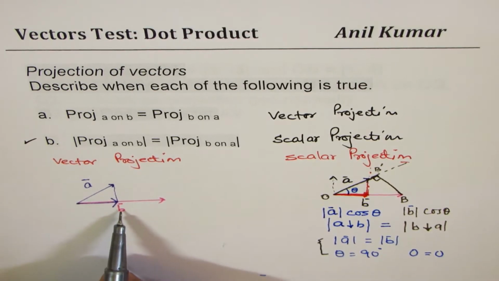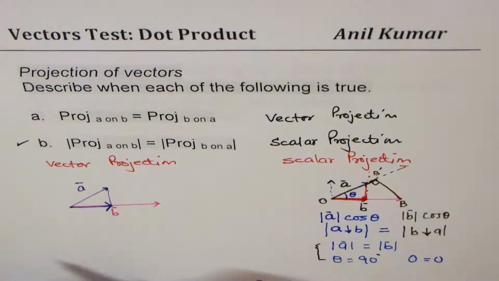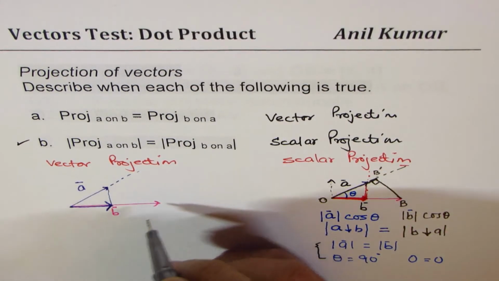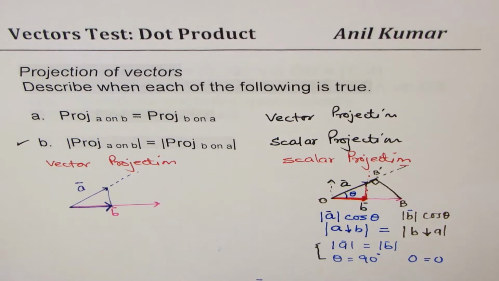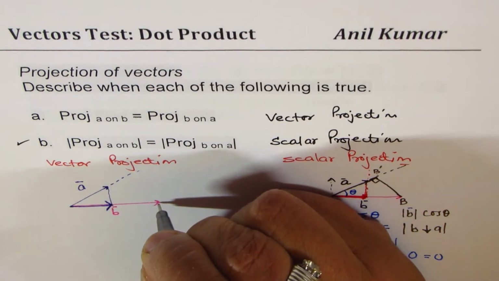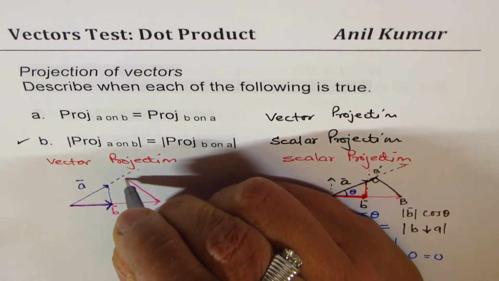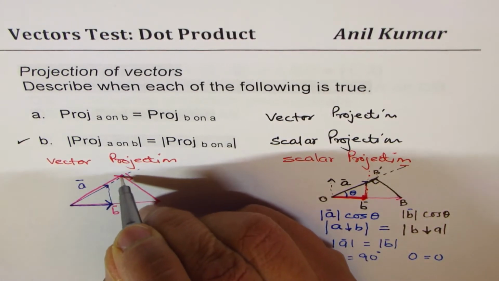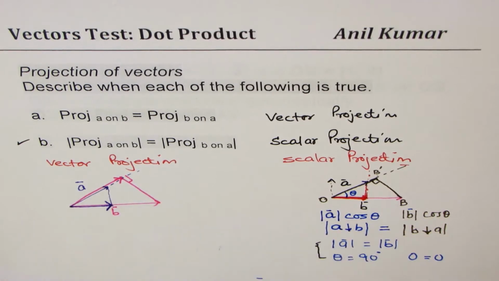And this direction is along the direction of B, right? If I have to write vector projection of B on A, then that is the end point of B. I'll drop a perpendicular here, and this becomes the vector projection of B on A.